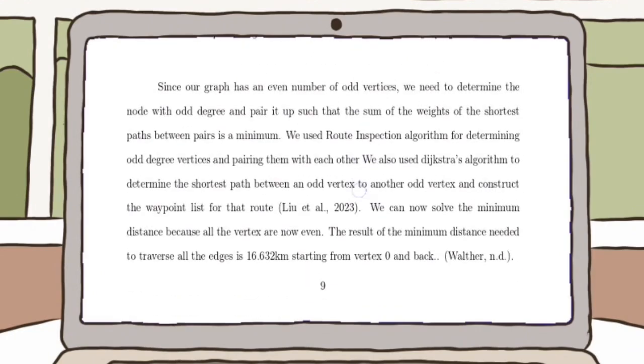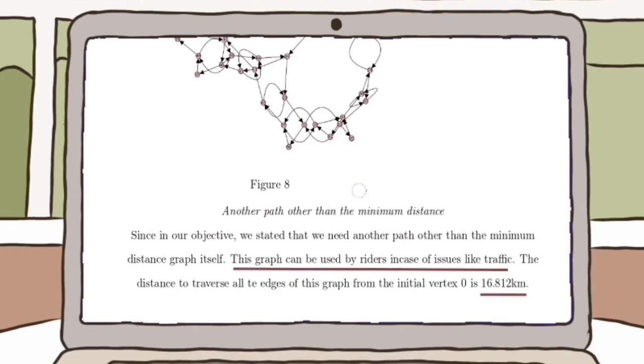The final result was a complete delivery loop of just 16.6 kilometers, with a backup route of 16.8 kilometers to accommodate potential traffic or delays, ensuring timely and cost-effective parcel delivery across Phase 3D.